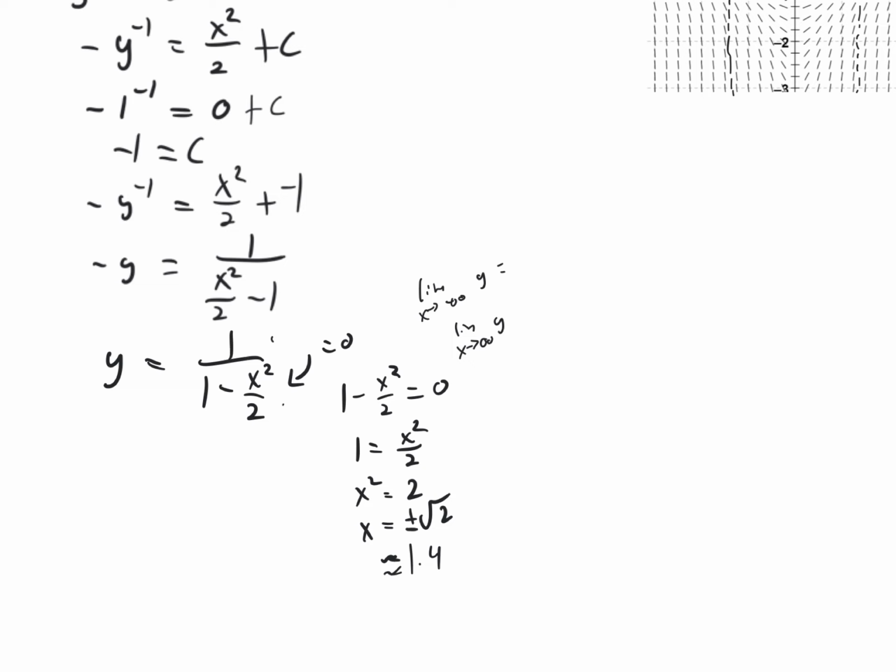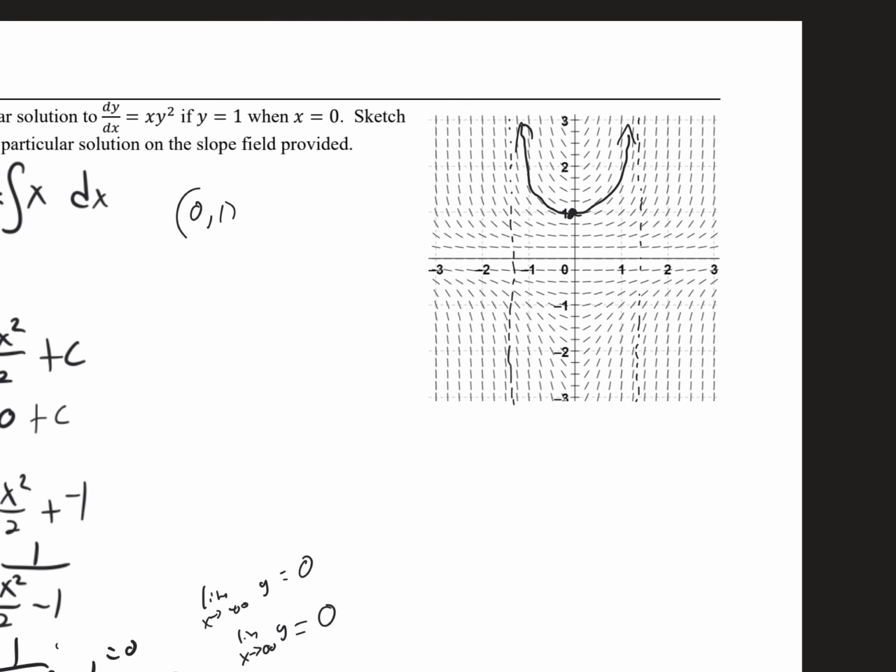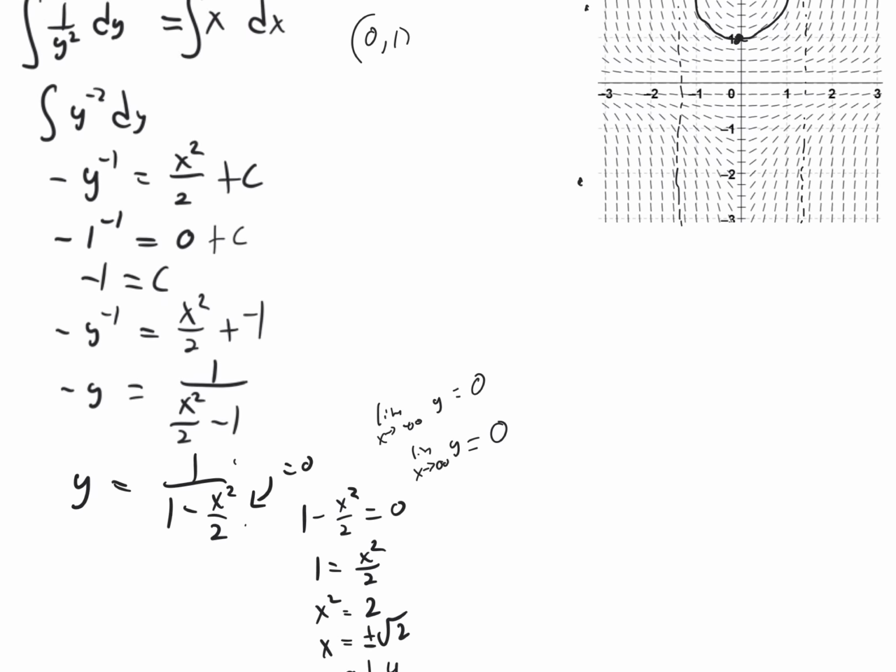So 1 divided by a really large number, we're going to get 0, and here we're also going to get 0. So out at the ends, it's going to be heading to 0. The only question is are we up here or are we down here? And what we can do is just plug a number in to see.